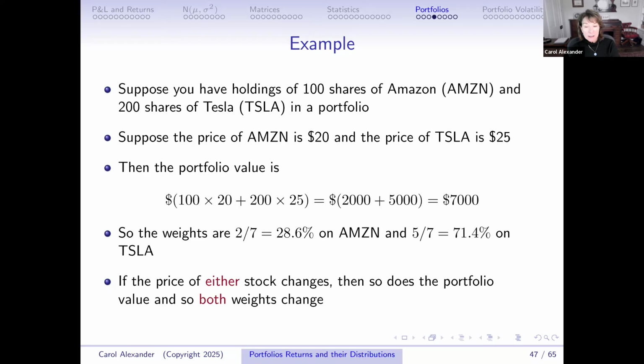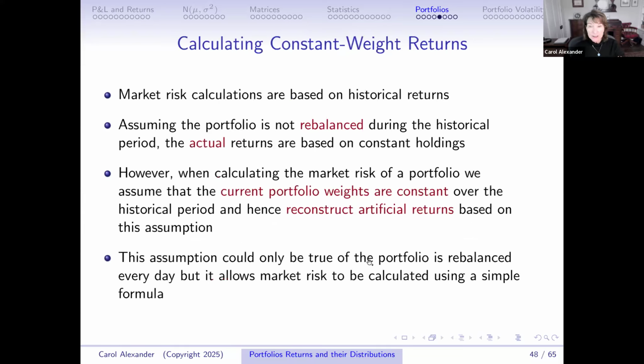And so the weights are 2,000 over 7,000 for Amazon, that's 28.6%, and 5,000 over 7,000 for Tesla, which is 71.4%. And then if either stock price changes from 20 or 25, then the value changes, and that means the weight of every asset changes.